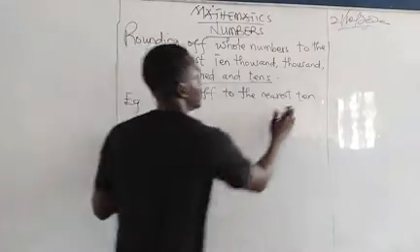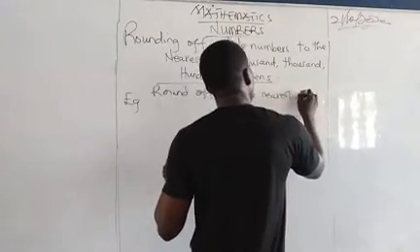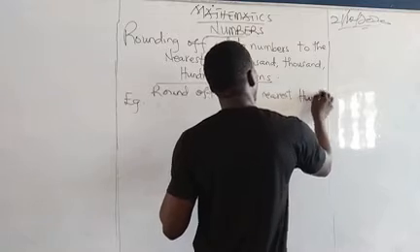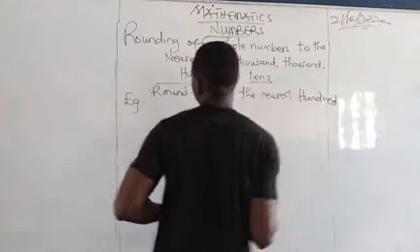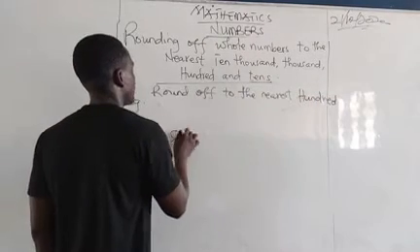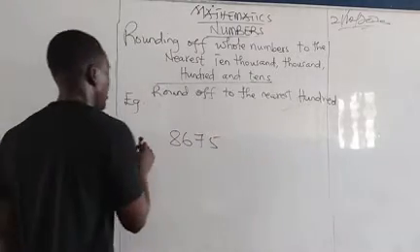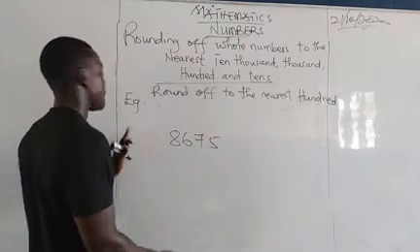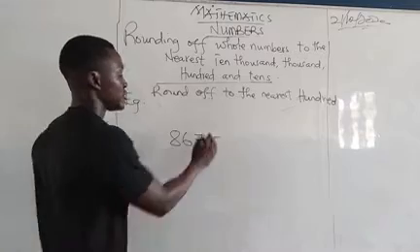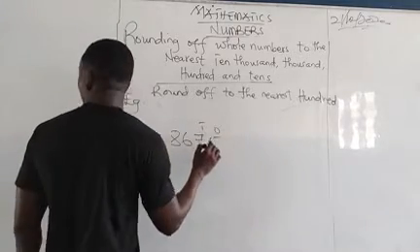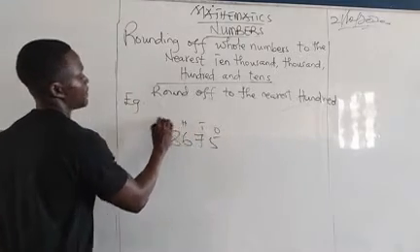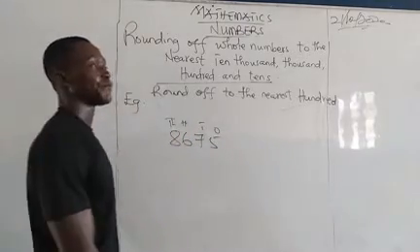Let's try to the nearest 100. To the nearest 100, I said first we need to give out the names: ones, tens, 100, then your what? 1,000.